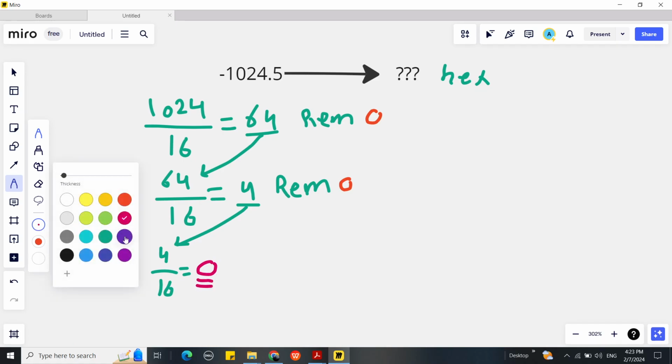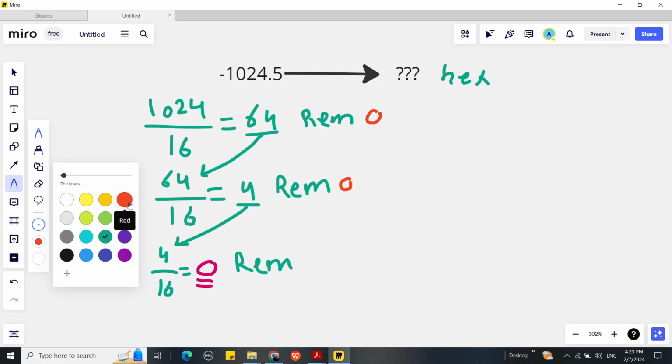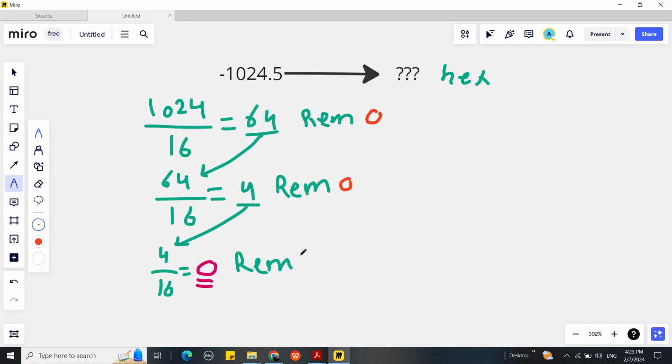We can't divide more than this, right? Since 4 is less than 16, the remainder is going to be 4, right? And then what do we do? We take the remainders from down to up, which is going to be 400.